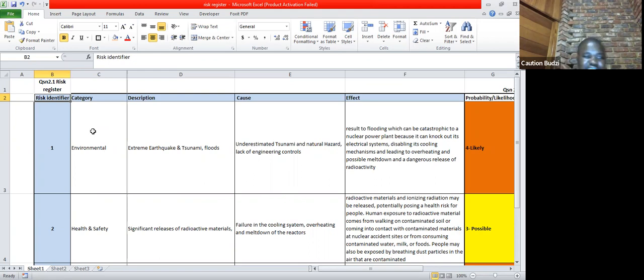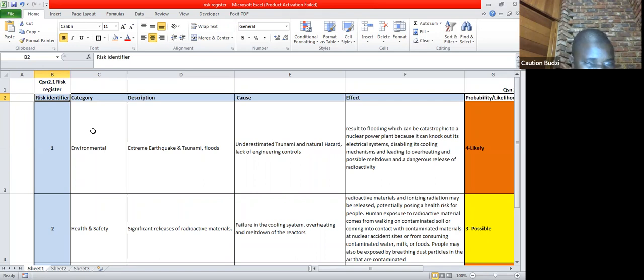We have different types of risks, some which are mentioned in the case study, and some of the risks are not mentioned. But we need to look at all the risks which the nuclear power plant is exposed to.